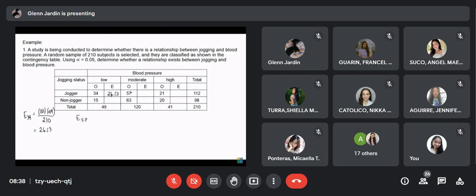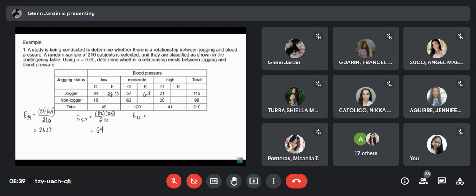Next, for E sub 57, ibig sabihin yung expected itong 57, we have the row total, that's 112, times the column total, 120, divided by the grand total, which is 210. Again, we can multiply this directly. Round off. Ay, hindi naman pala kailangang i-round off. This is exactly 64.